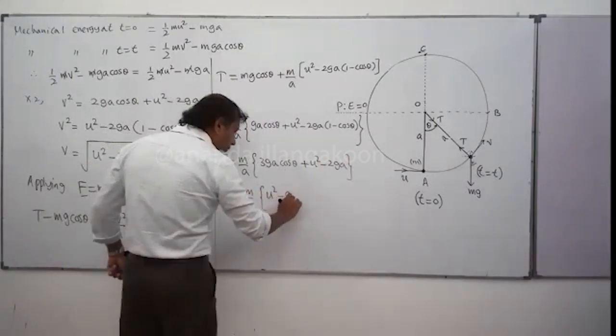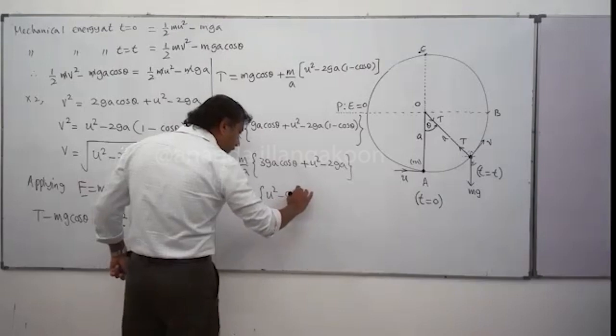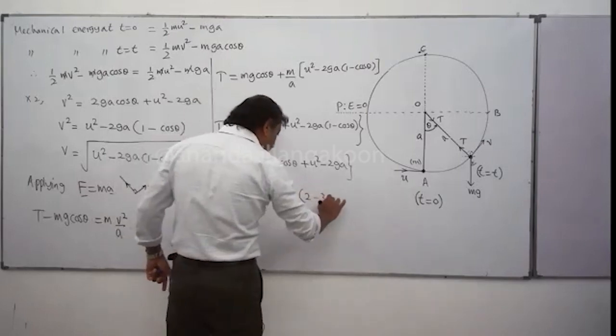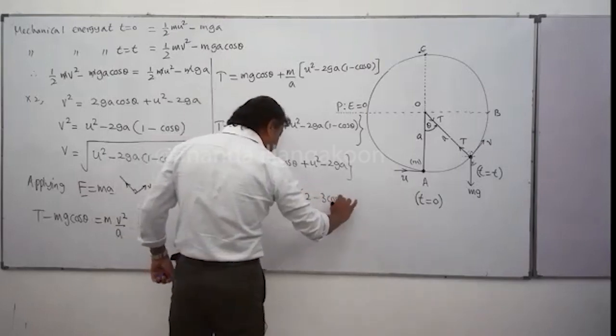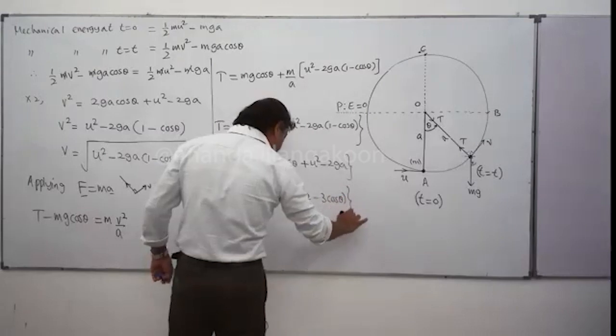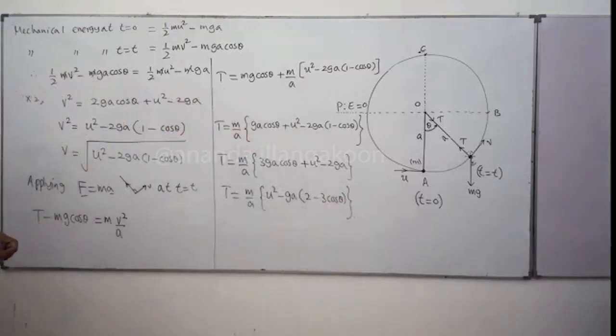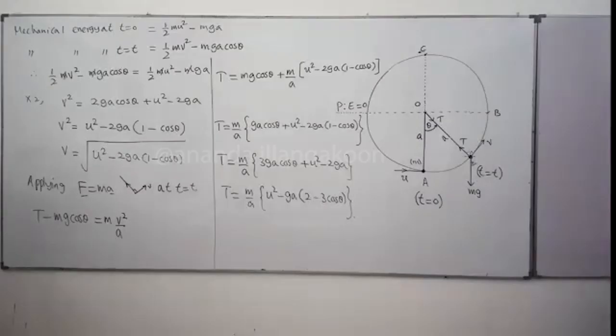I'll take this 2gA out, also take gA out with a minus sign, 2 minus 3 cos theta coming. This is the tension T.